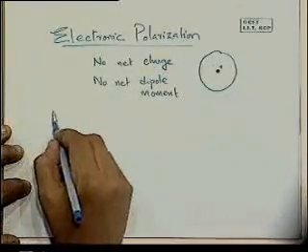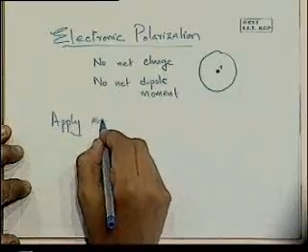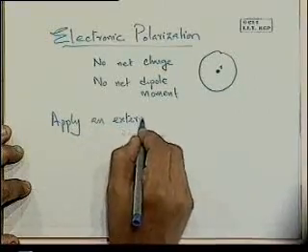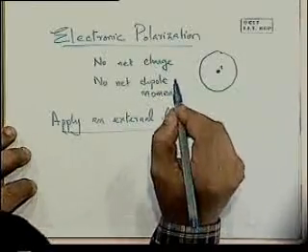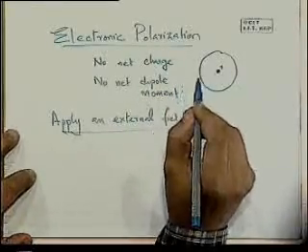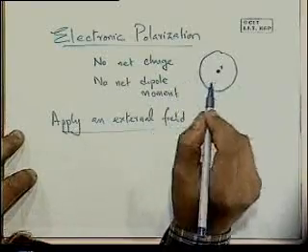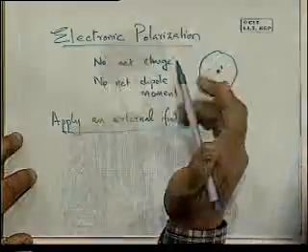But when we apply an external field, what happens? The electrons are much lighter, about 1,840 times lighter than the proton.